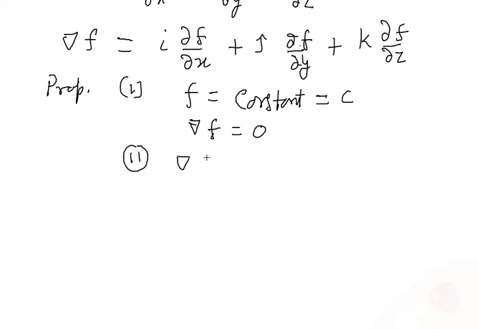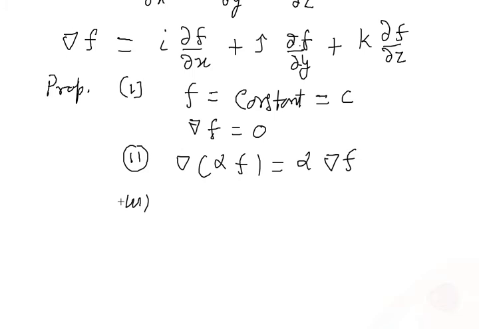And secondly, the scalar multiplication property. So del of alpha times f, where alpha is a scalar. You can put alpha before the del, so this is alpha times del f. This shows that the del operator is a linear operator.